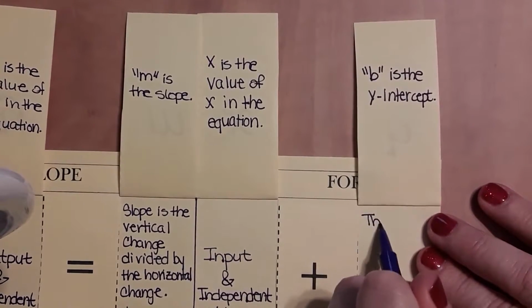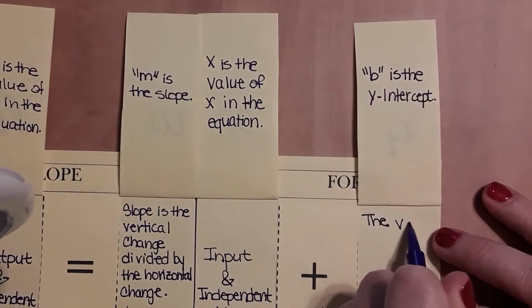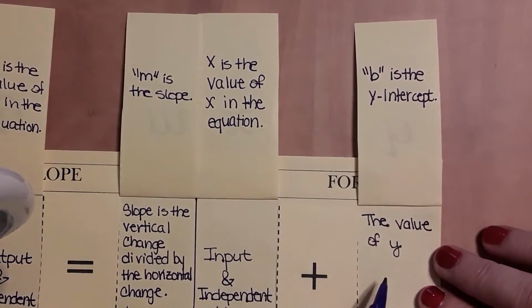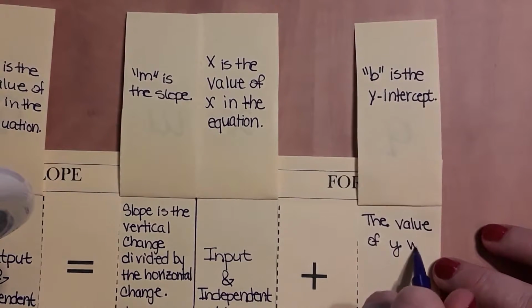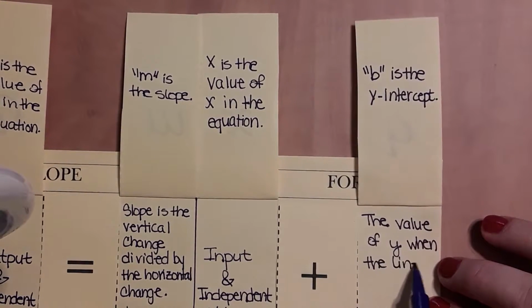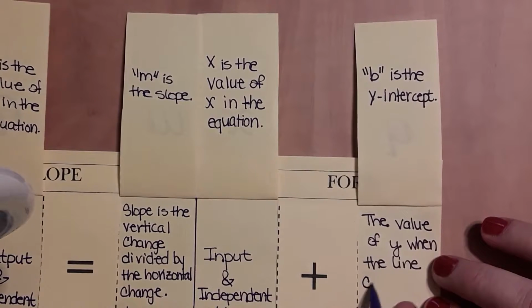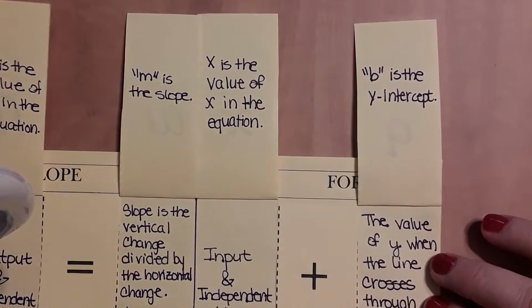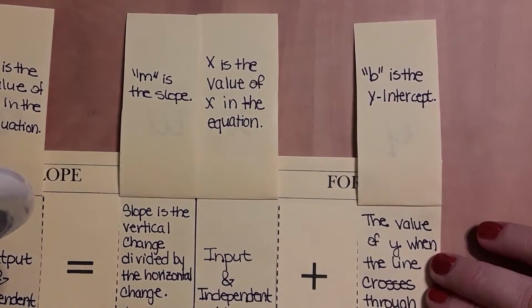This is the value of y when the line crosses through the y-axis.